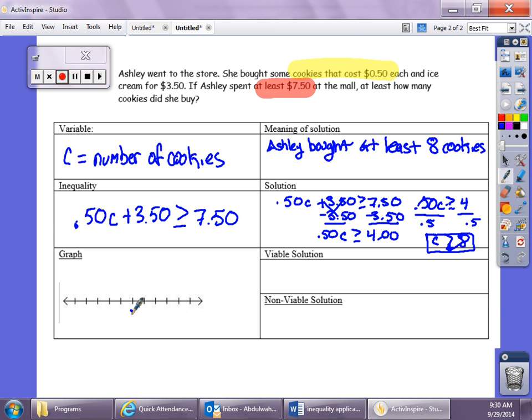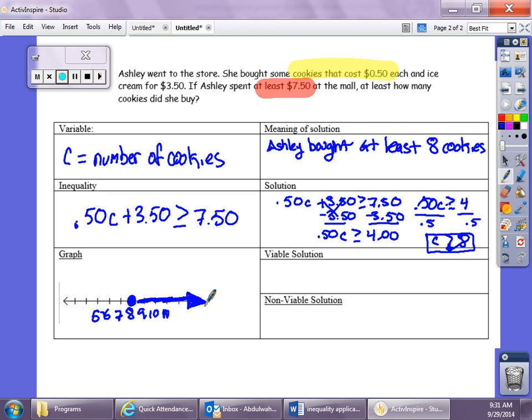So to graph this, we're going to have 8, 9, 10, 11, and 7, 6, 5, and so on. Now we know that it's greater than or equal to, so since it can equal 8, we're going to have our closed circle, and greater than means that our line is going to go to the right, because 9, 10, 11, 12 are all greater than that.